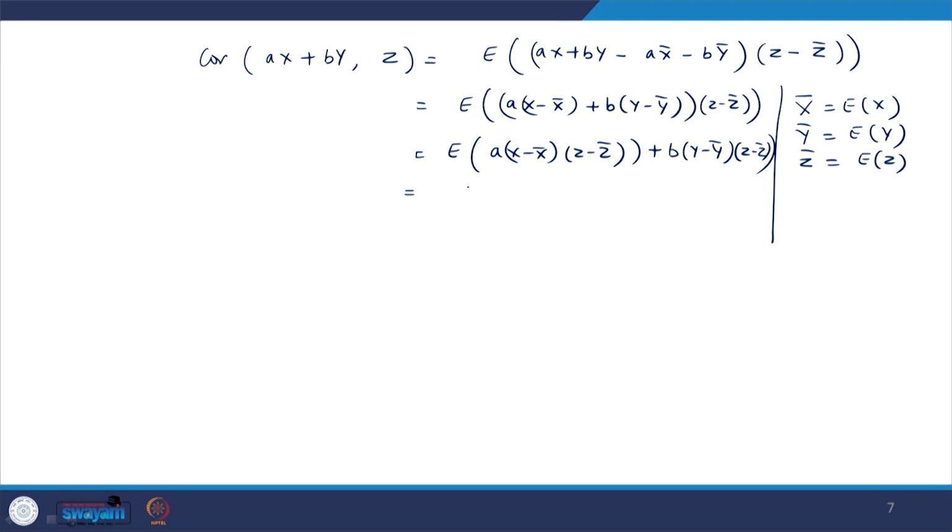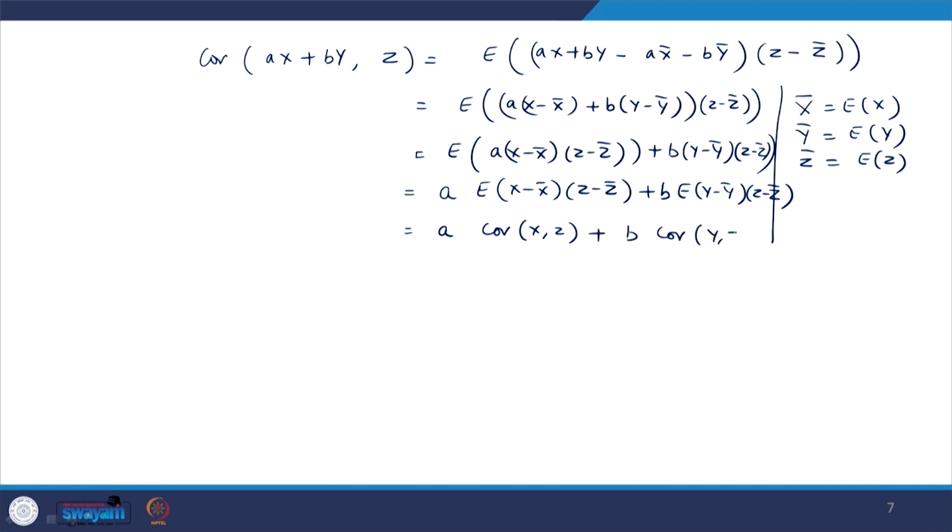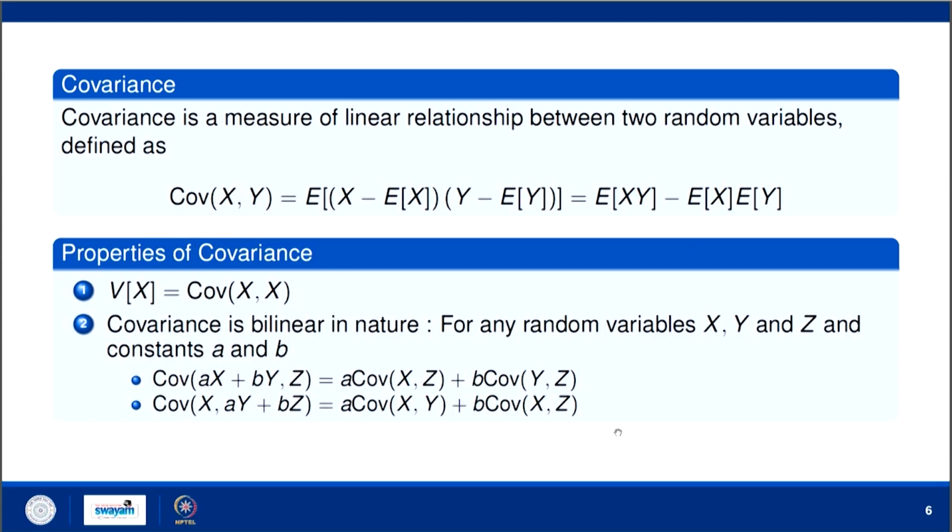Now, by the linearity property of expectation, this is equal to A times expectation of x minus x bar into z minus z bar plus B times expectation of y minus y bar into z minus z bar. So, this is A times covariance of x and z plus B times covariance of y and z. The other property can also be easily obtained.